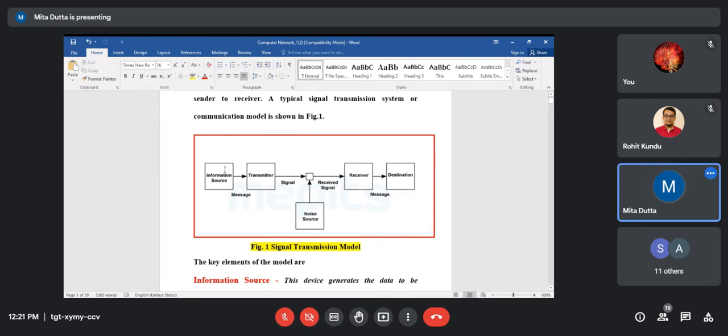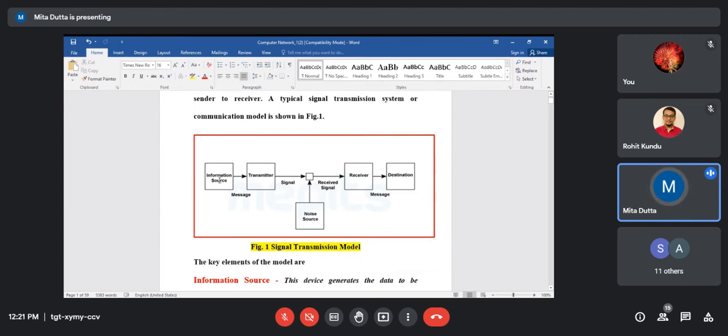This information signal can also be known as a message signal, sent from the sending end side to the receiving end side.